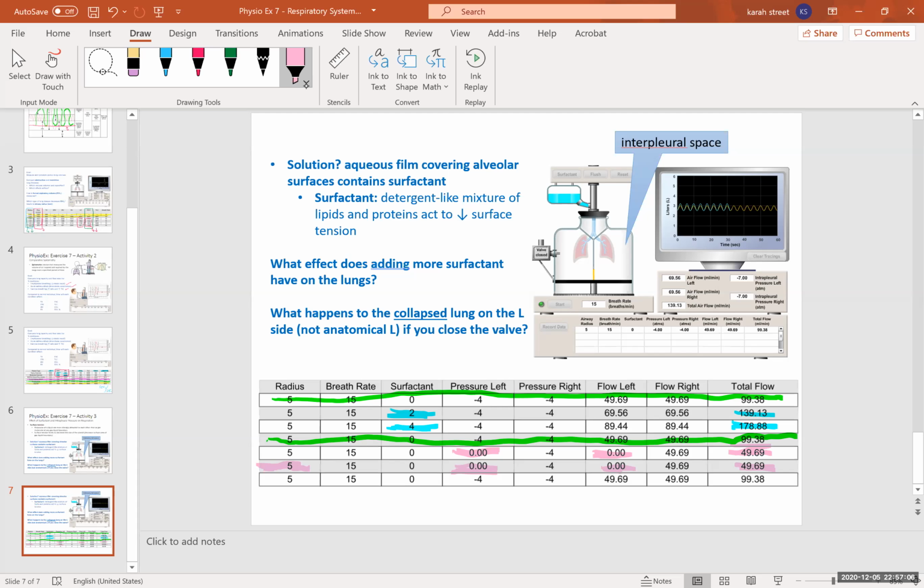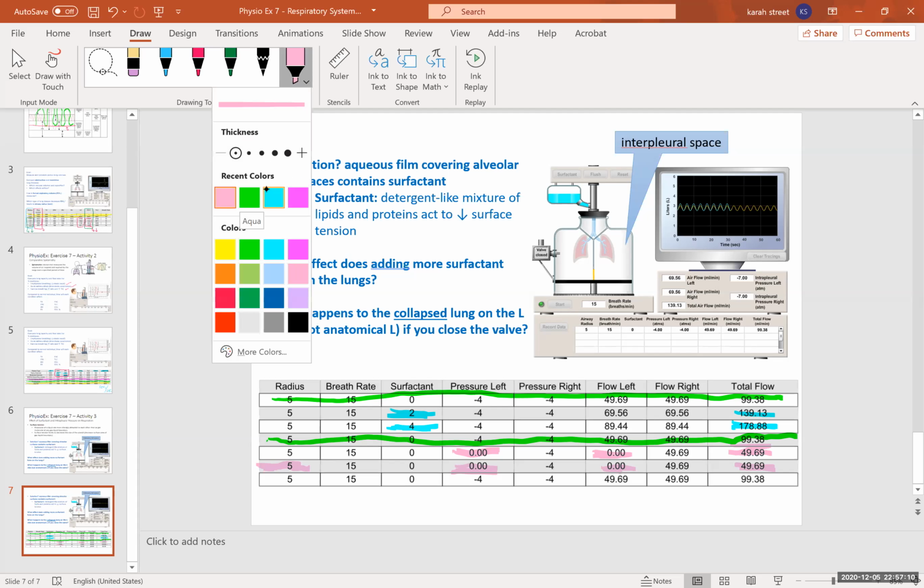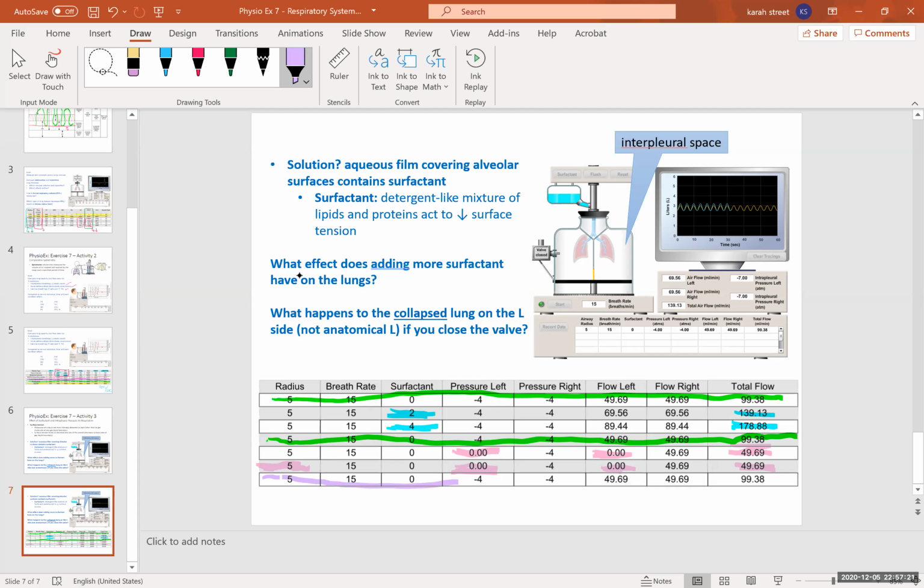It's not until we seal the wound and restore the negative pressure in the left pleural cavity that our total airflow goes back to normal. Okay, well, thank you for listening to our review of PhysioEx number 7.